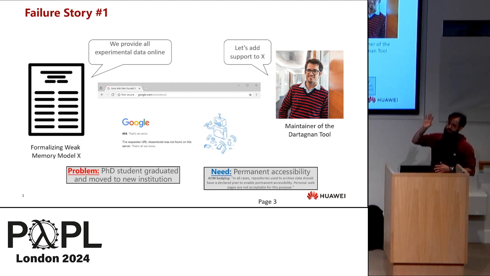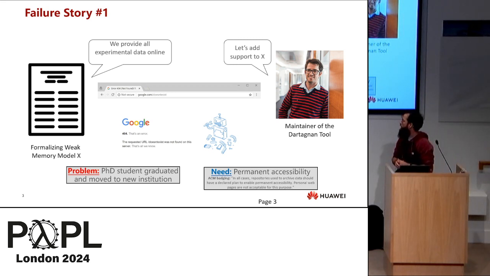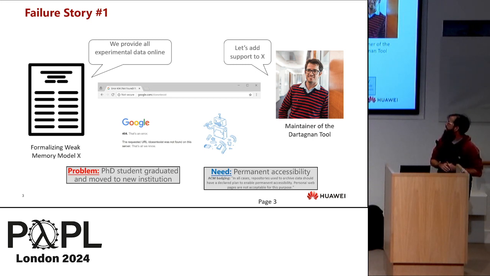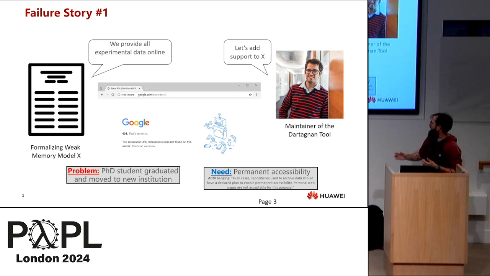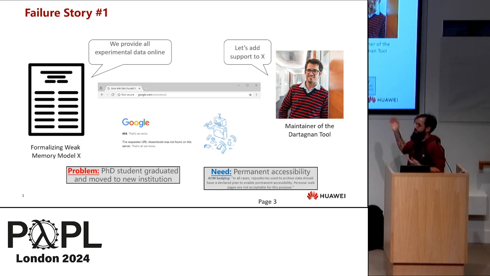To be fair, this was maybe 10 years ago, so I think the community has made very nice progress in this direction, with all these badges that we have for availability, reusability, and things like that. For example, the ACM badges say that in all cases, we need to show a plan for how we are going to give permanent access, and they say that personal web pages should not be the solution that we use.